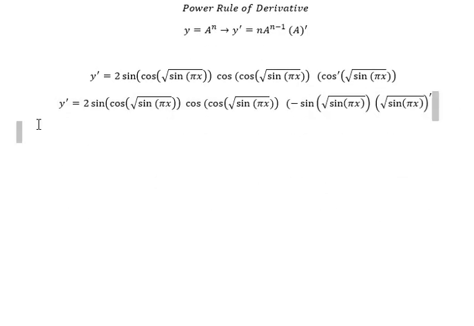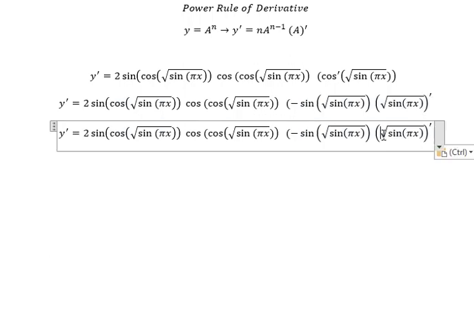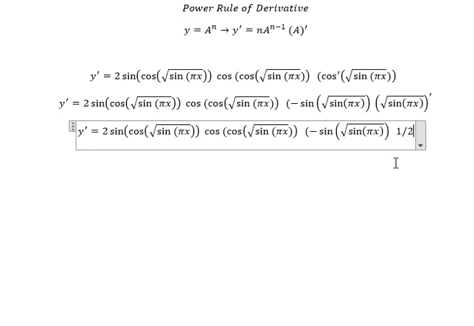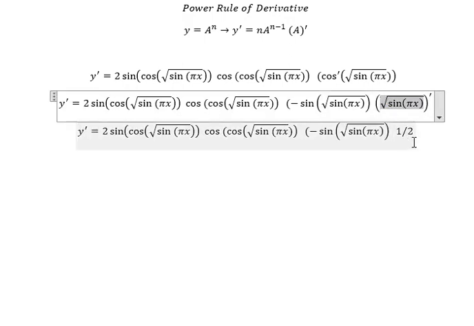Next, the first derivative of the square root, we have 1 over 2 times the square root.